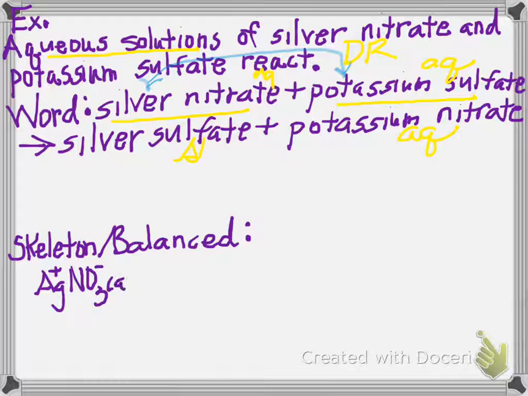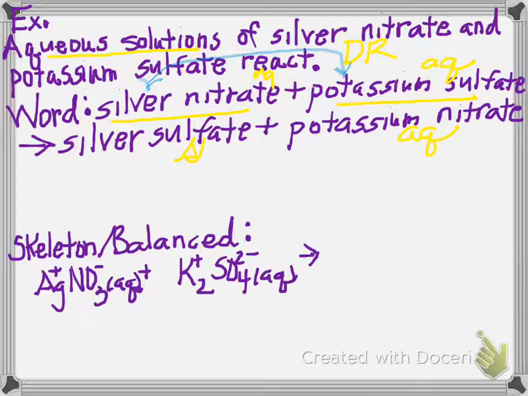We know it's aqueous because it told us in the problem. Potassium is a K, charge of +1, sulfate's SO4 -2, so I need to write it as K2SO4, and again, the problem told us it would be aqueous.